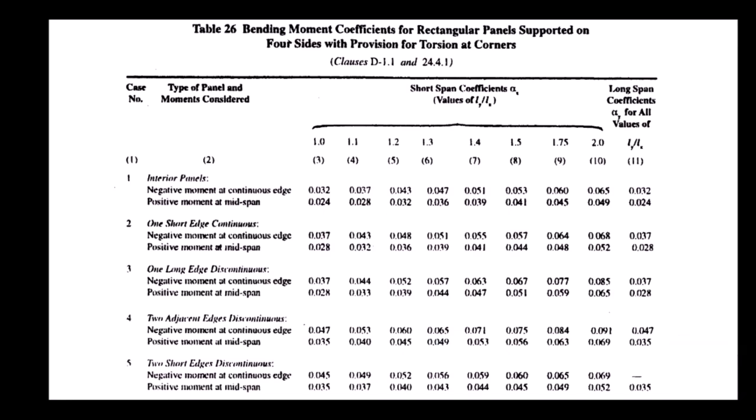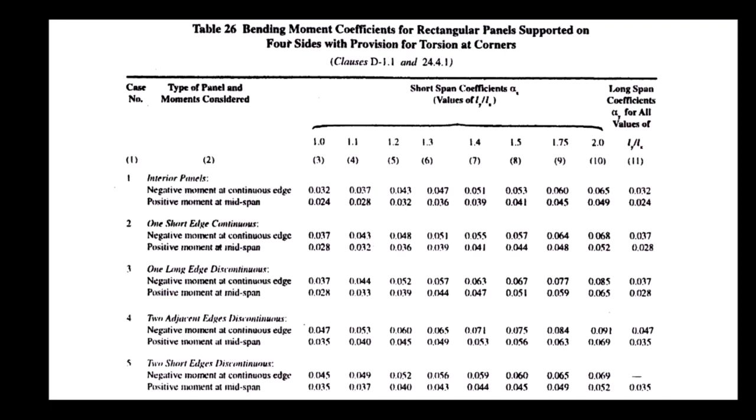In the next column, the short span coefficient, that is alpha x, is given for a few values of Ly by Lx. Depending upon the ratio of Ly by Lx, the value of alpha x will change.